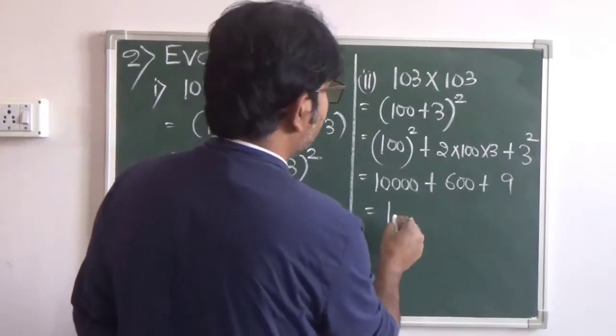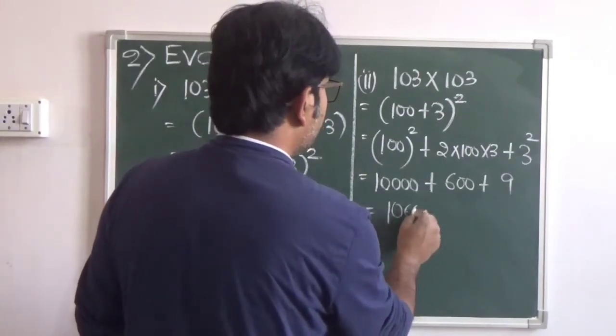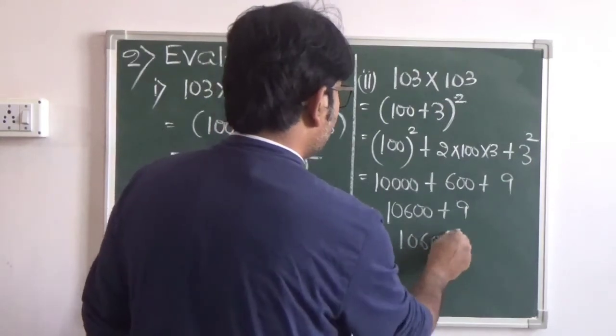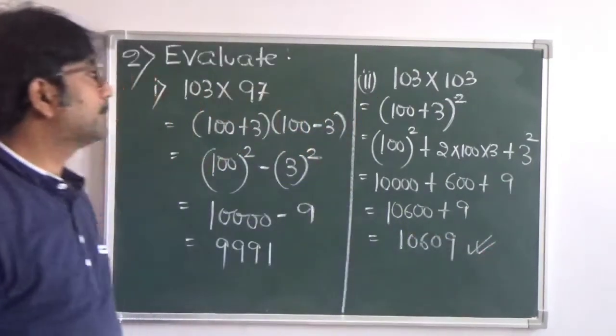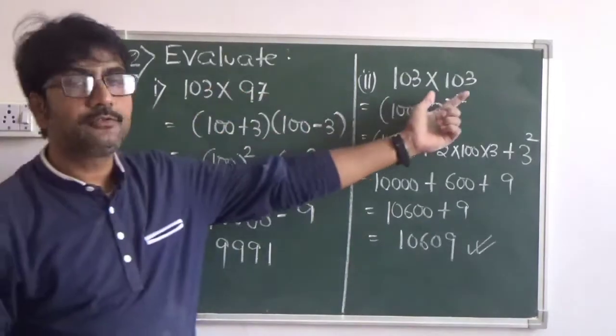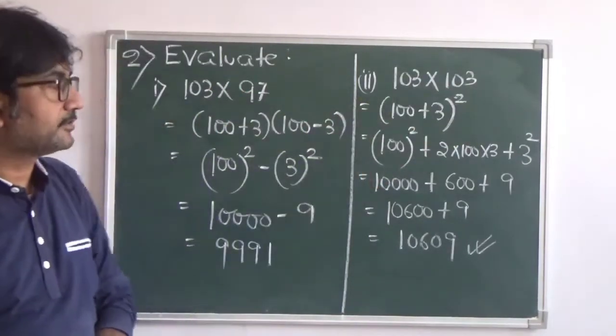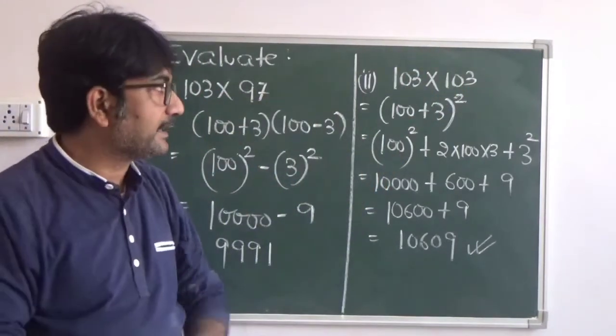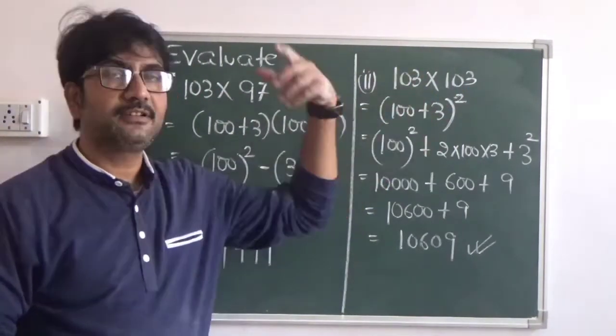So we have 10600 plus 9. So it is 10609. So this is the answer. It is the square of the number, so you can express it as (a + b)², that is (100 + 3)².